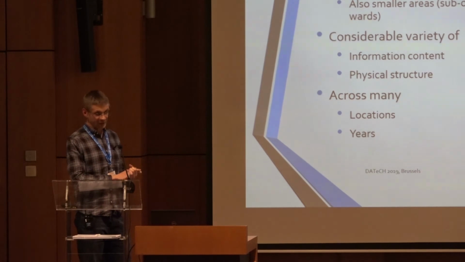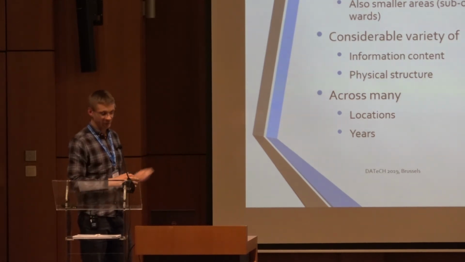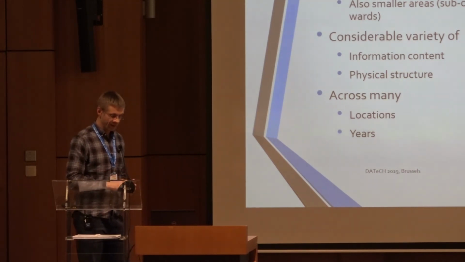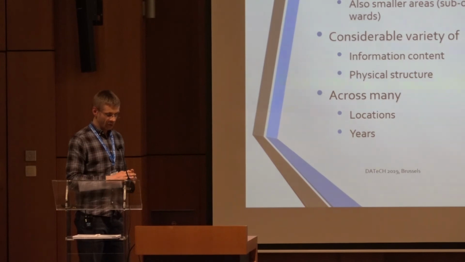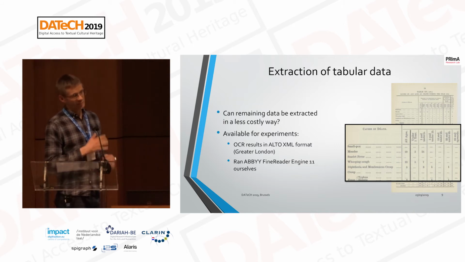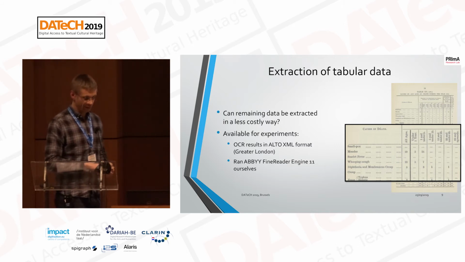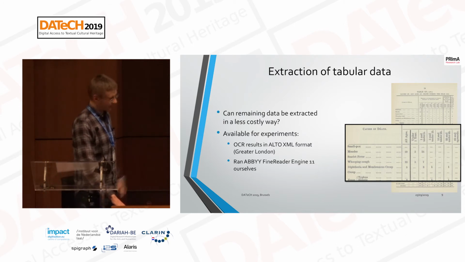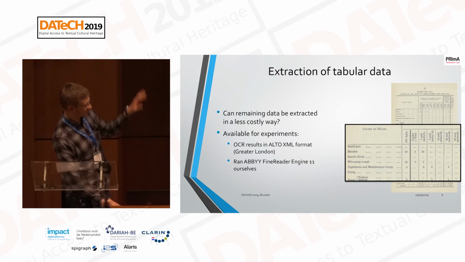Then you have all of that across many locations and across many, as I said, 130 years. So you have to expect a lot of variation in there, but you can model all of that in a flexible data model. And so we had a little bit of a look at some taxonomy, say for causes of death and how they changed over the years. So it's doable. And on the right you see just the same topics we had before, just a little bit more in a hierarchy.